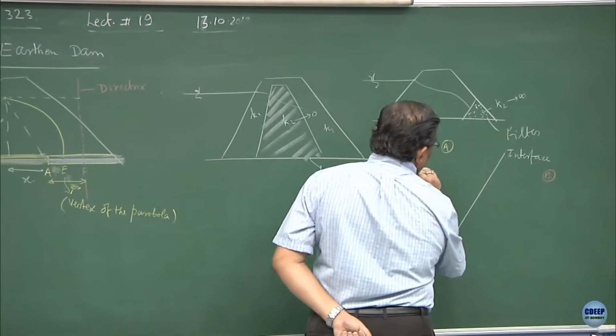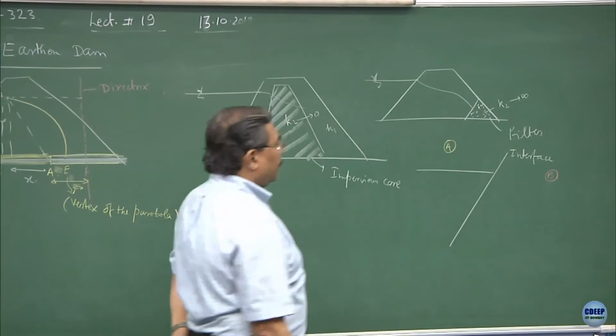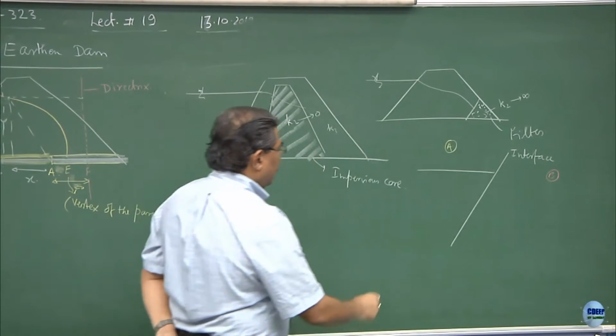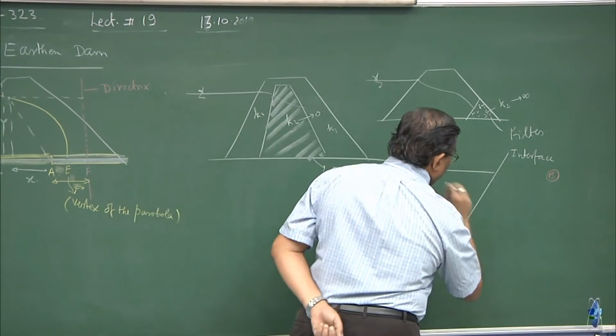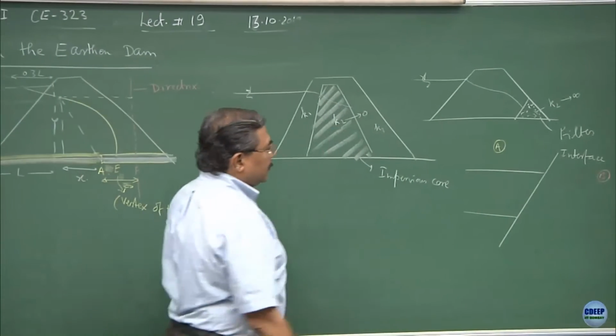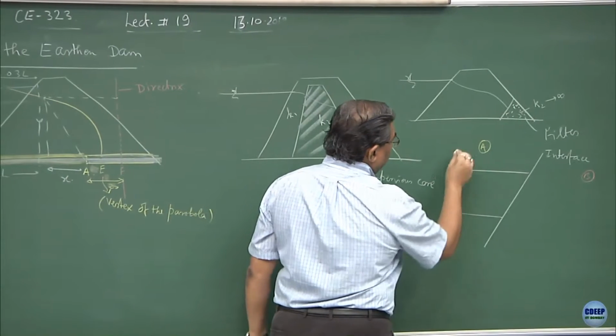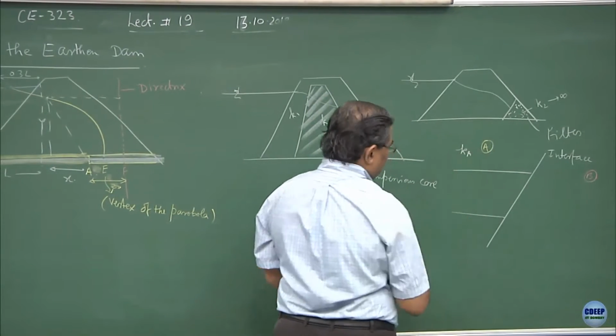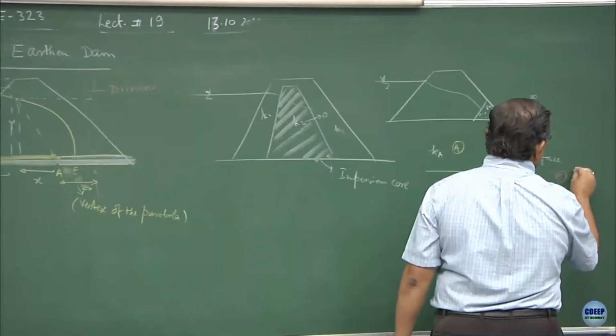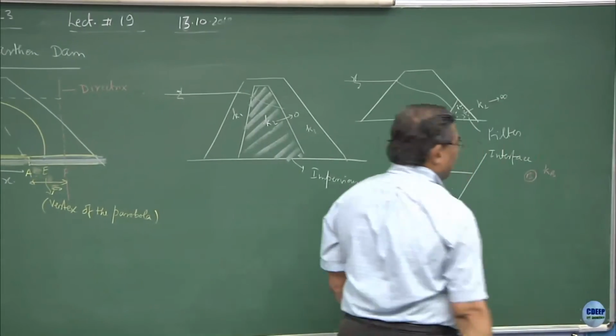If I draw a channel of flow, clear. So, this is the material A, permeability is Ka, this is material B, permeability is Kb.